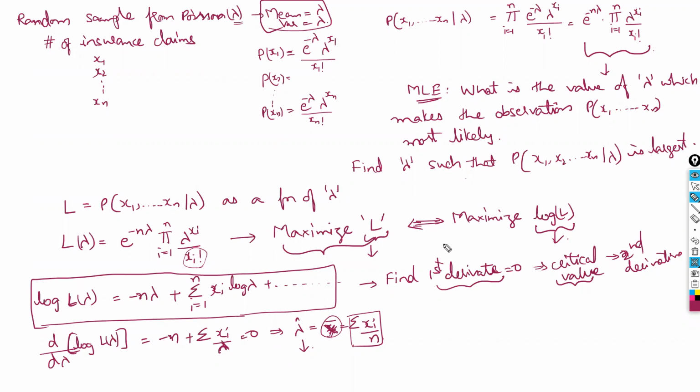But even before that, maximizing this log L is also equivalent to minimizing minus log L. Why do I need to minimize? Why can't I just maximize? Friends, we minimize because a lot of optimization algorithms, like gradient descent, would minimize.